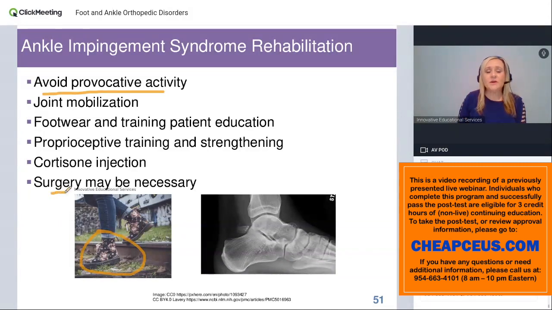Surgery may be necessary in extreme cases where there are osteophytes or scar tissue that's just encroaching on the space. Research hasn't really come up with one specific set of interventions or type of bracing or support that is best.